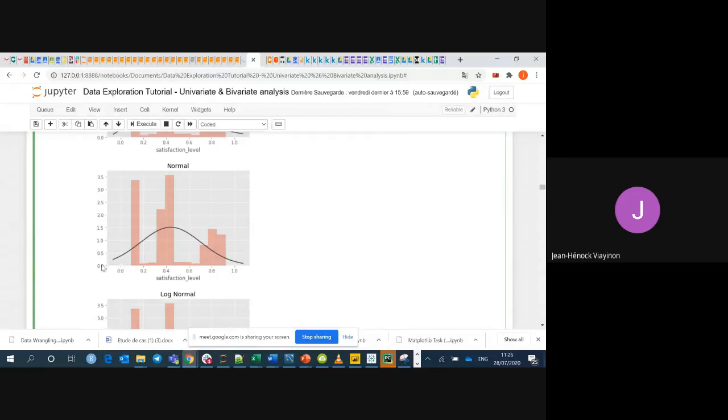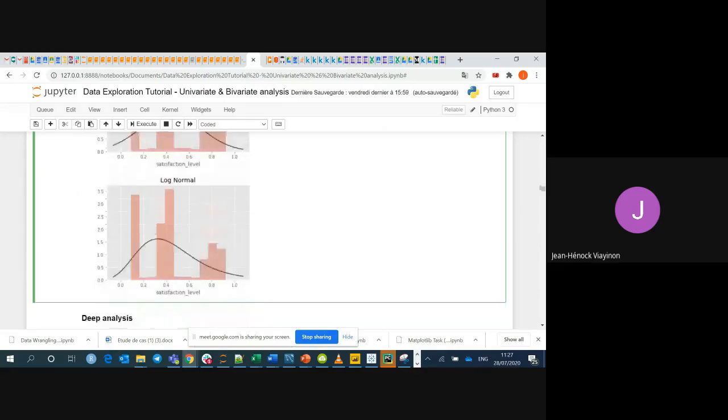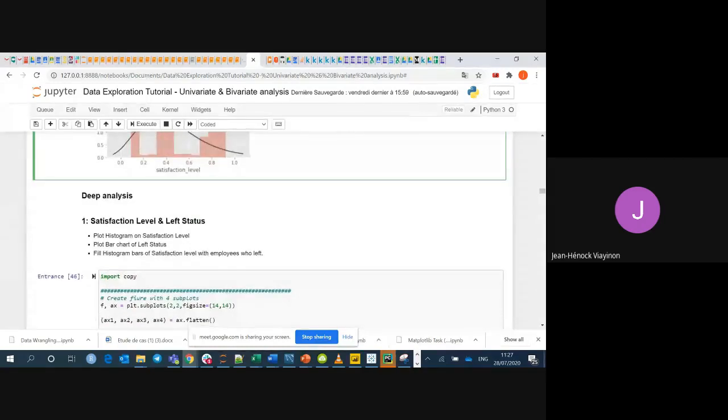How it fits a normal or log-normal distribution depends. This one actually doesn't fit, but that's fine. At least it's good to notice that it does not follow a normal distribution, and from there we know we have this kind of variable.